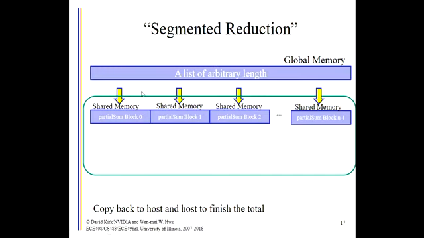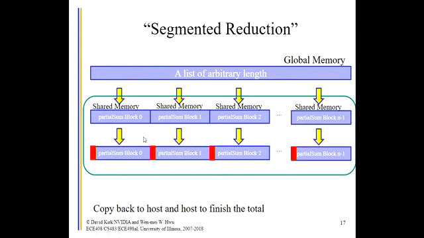So let's say we have 1 million of these data elements we want to sum up. We divide them into segments of 2048 because the biggest block size is 1024. So every thread block will handle 2048 elements, and each segment will have 2048 elements. The thread block will load those elements into the shared memory, and then you do the reduction tree.